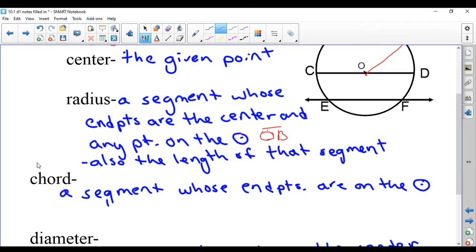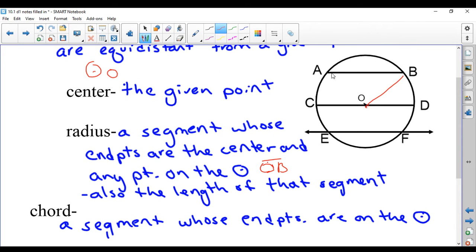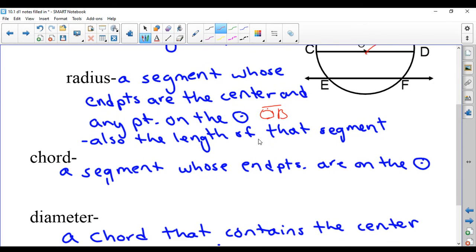Another term, a chord. A chord is a segment whose endpoints are on the circle. It goes from one point on the circle to another. So if we look at this diagram, I have a chord from A to B, one from C to D, and another one from E to F. These happen to all be drawn parallel, but I would name them again as segments.